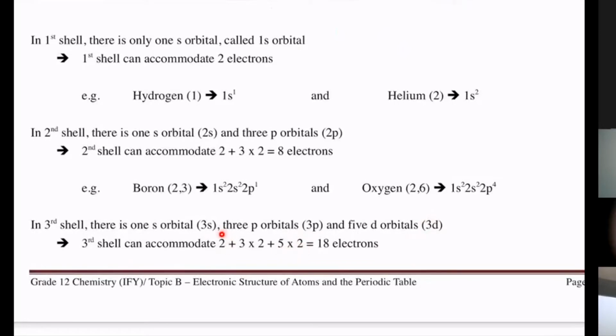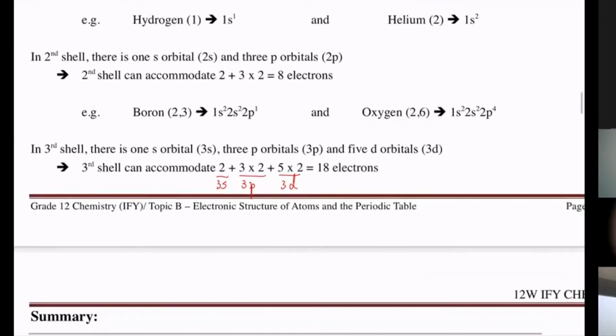So 2 electrons in the 3s orbital, 6 electrons in the 3p orbital, and 10 electrons in the 3d orbital. So in total, the third shell can accommodate 18 electrons. This is in the 3s orbital, this in the 3p orbital, and these in the 3d orbital.